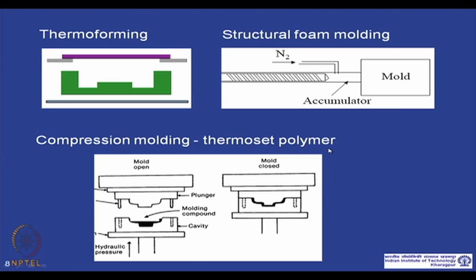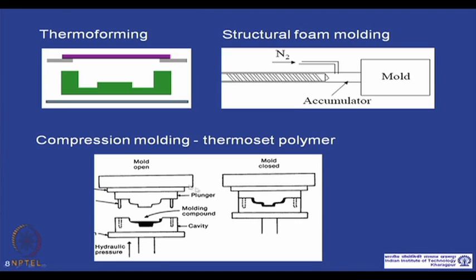So, thermoset polymers are molded using compression molding. Basically, as you know, thermoset polymers cannot flow at higher temperature. They are cross-linked materials, so they do not flow. So, basically what you do is you melt in a cavity, and then with a particular shape mold you just compress them and leave it.